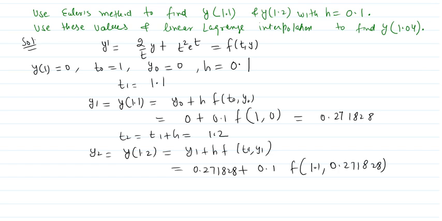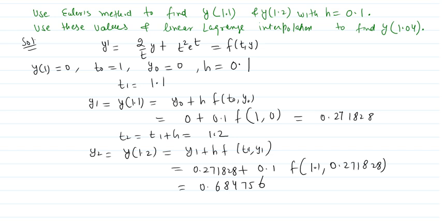So in the formula of f, replace t with 1.1 and y with 0.271828, and finally you got 0.684756. Okay, so I know the solution at 1.1 and 1.2.